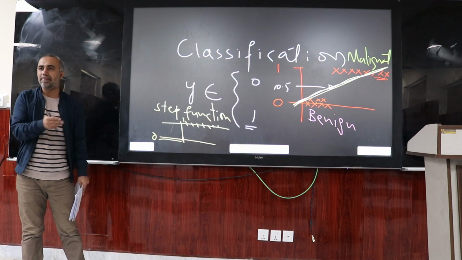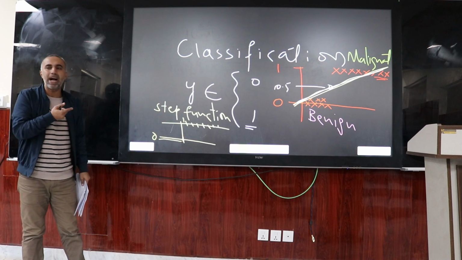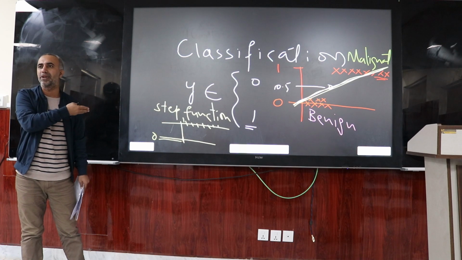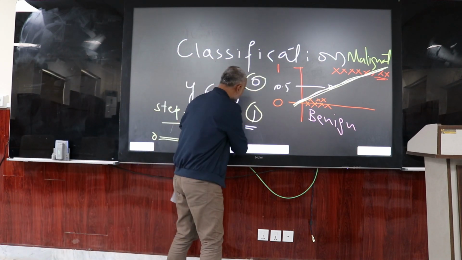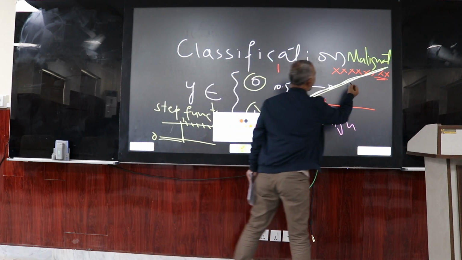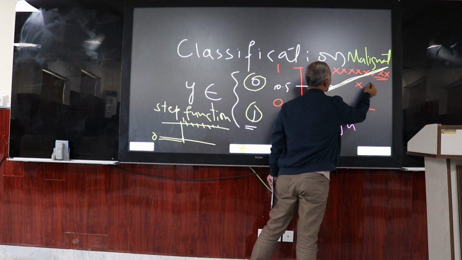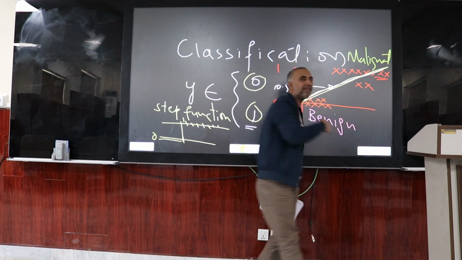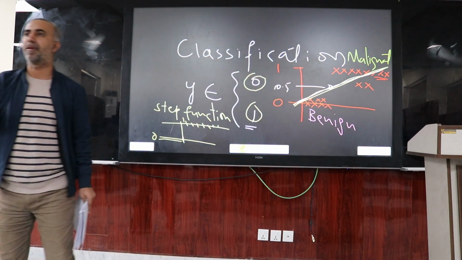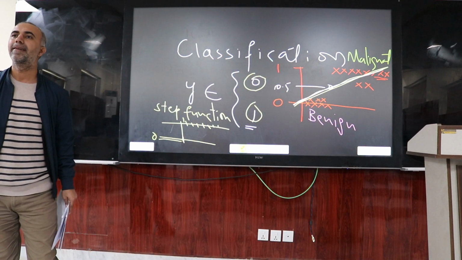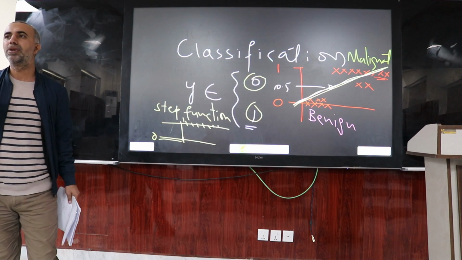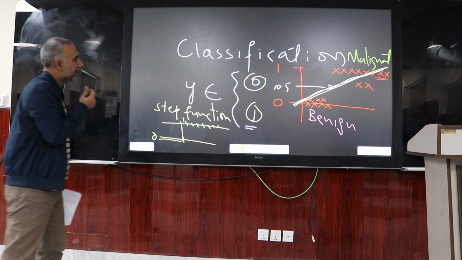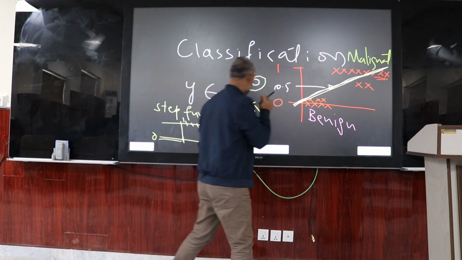This is the step function. But this step function could not help us. This is a binary operation, just 0 and 1. But sometimes it's also possible that the size of a tumor can be somewhere here, 0.65, 0.7, and then this is a problem. Linear regression could not help us or devise a good suggestion.